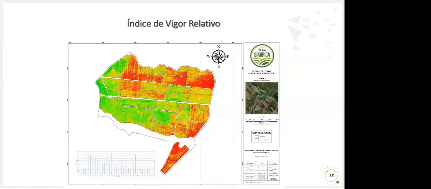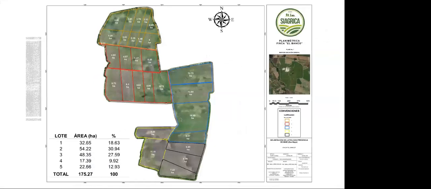This is a relative vigor index. Next. This is in sugarcane, and counting the density of population of crops. This is in corn. We can see the distribution of the area of corn in Venezuela.